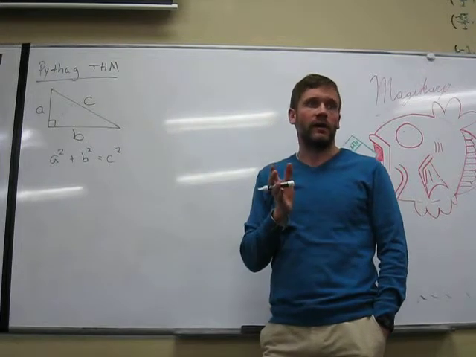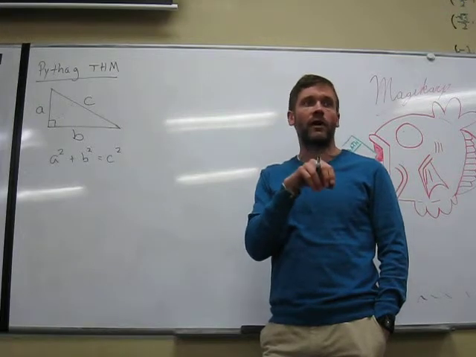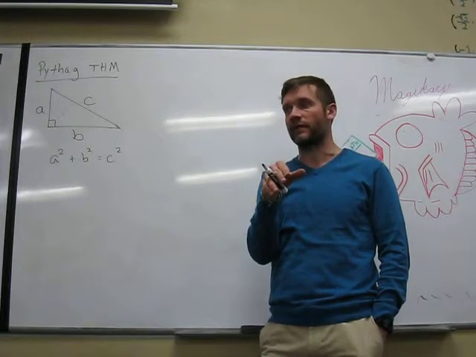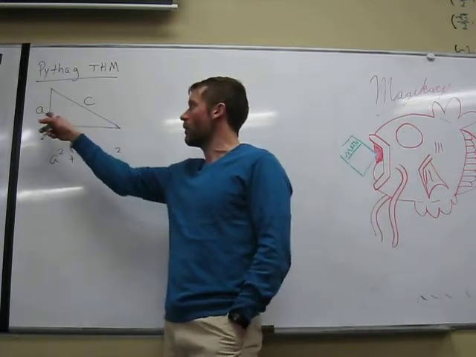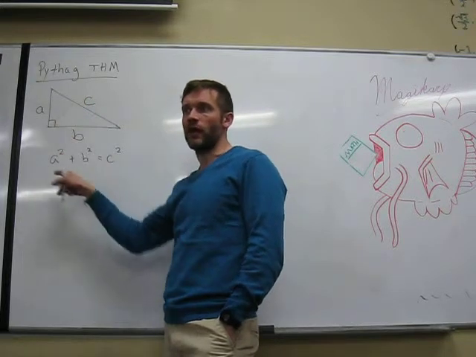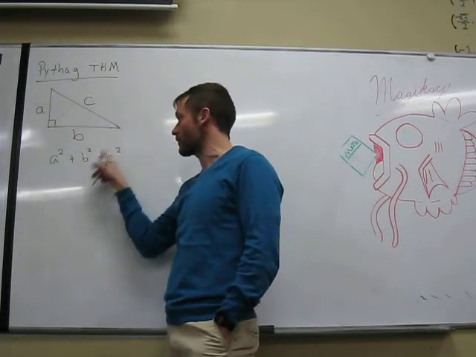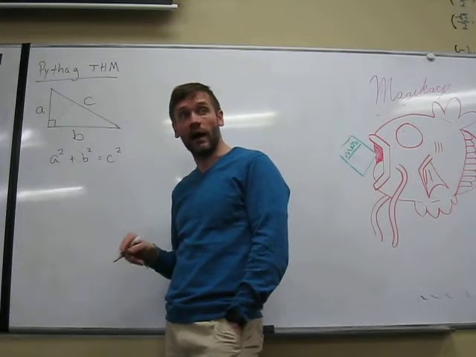So it is all based on a leg squared plus a leg squared is equal to a hypotenuse squared. That's the key to remember. Okay, so with that, if this was A, C, and B, then you'd have to change your letters so that the hypotenuse squared is always the singular one. The legs squared are always added together.